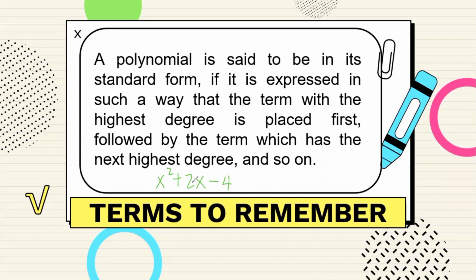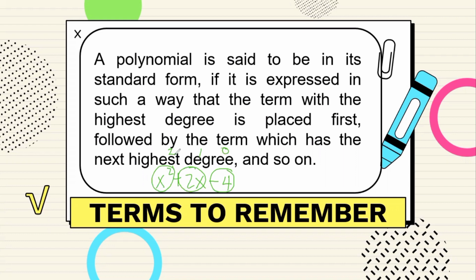So if we try to check the exponents of each term, so we have three terms here and we call this polynomial as trinomial. So we have x squared, positive 2x, and negative 4. So there are actually three terms. Now we identify the degree of each term. So we have here, we have 2. So 2 ang degree niyan. And then 2x we have 1. And then ang degree ng constant, just like what Ma'am Rachel discussed during the first part of your review session, ang degree po ng constant ay always 0.